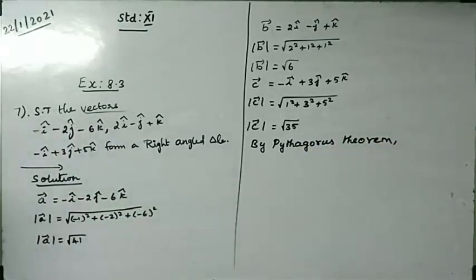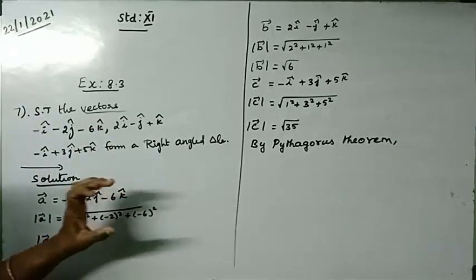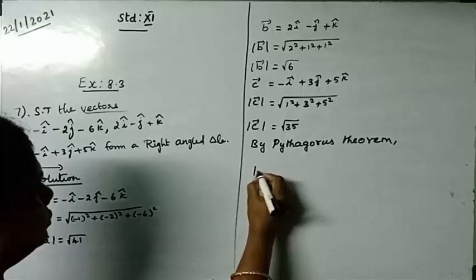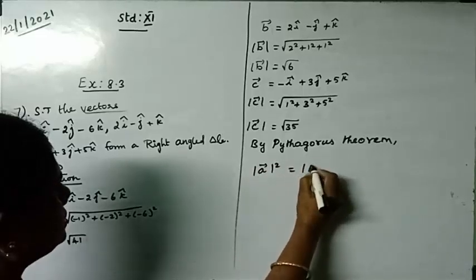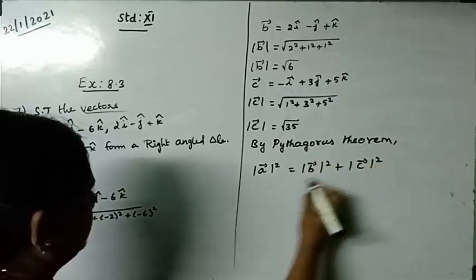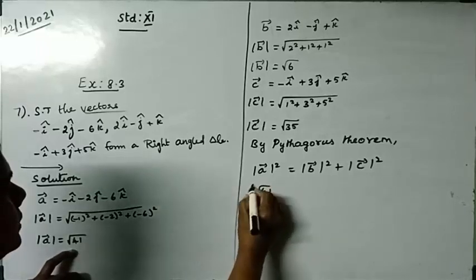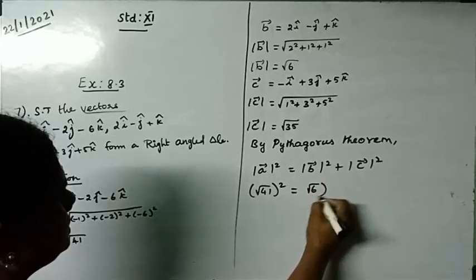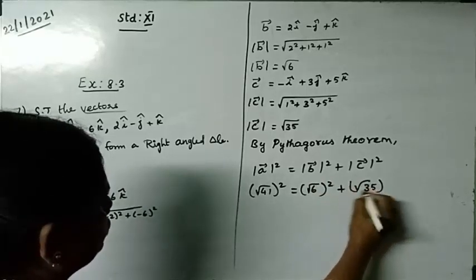Here you didn't draw the triangle, nothing else. So which is the biggest number, you take on the left hand side. That is modulus of A vector the whole square is equal to modulus of B vector the whole square plus modulus of C vector the whole square. So modulus of A vector, root 41 the whole square, is equal to modulus of B vector, root 6 the whole square, plus root 35 the whole square.